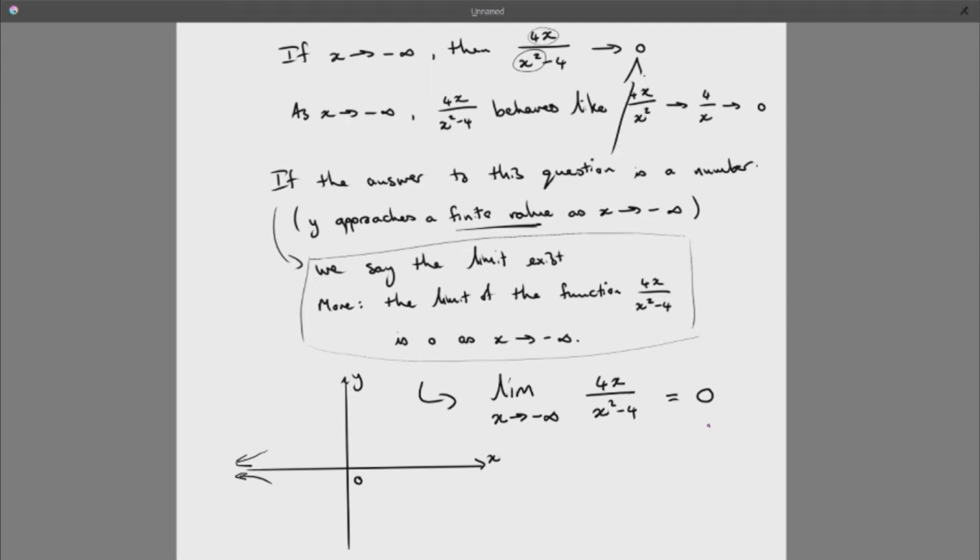So the limit is representing the issue of looking at the behavior of the function. So the words behind this portion, of course I need to know what the function is. These words, limit as x approaches negative infinity, is really trying to say these words. As x approaches negative infinity, the function behaves like what?